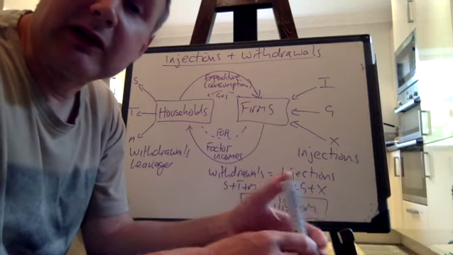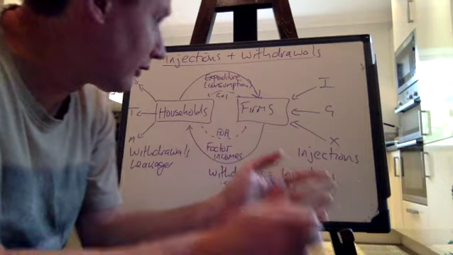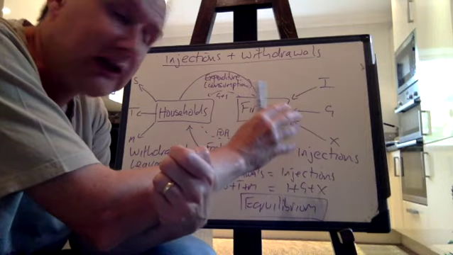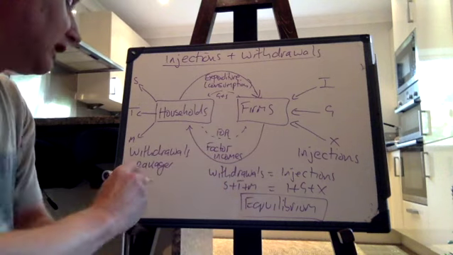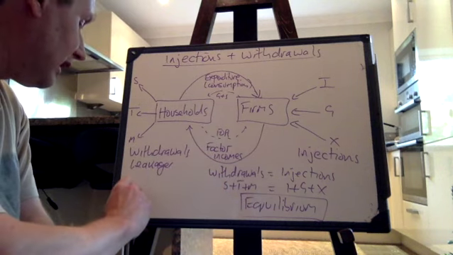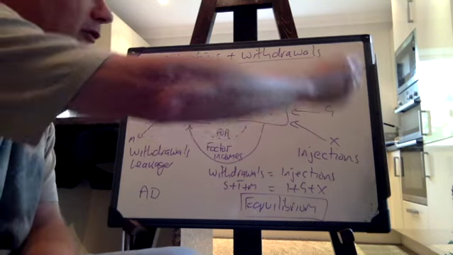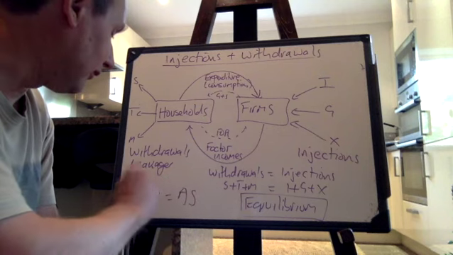Another way of seeing that is to say that firms are producing a certain amount of goods and services, and households are buying those. So the alternative way of saying it is that aggregate demand, the total demand from households and from other sectors, is equal to the total level of supply.